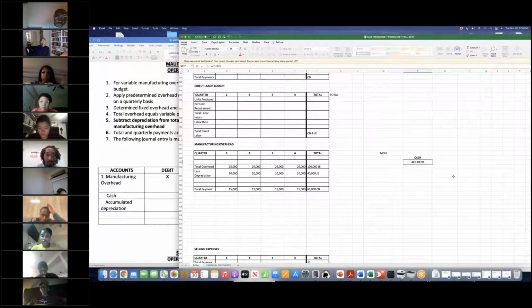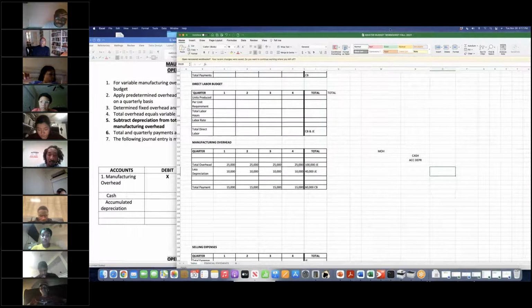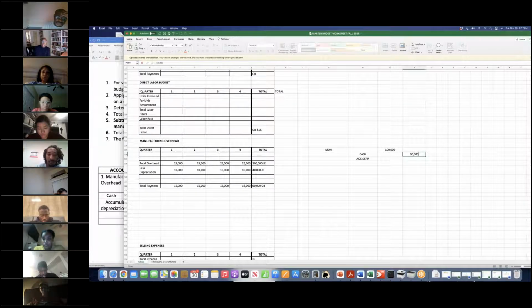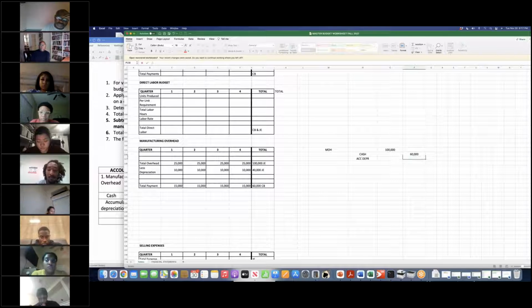And what's the debit to MOH going to be? 100,000. What's the credit to cash going to be? 60,000. And what's the credit to accumulated depreciation going to be? 40,000.